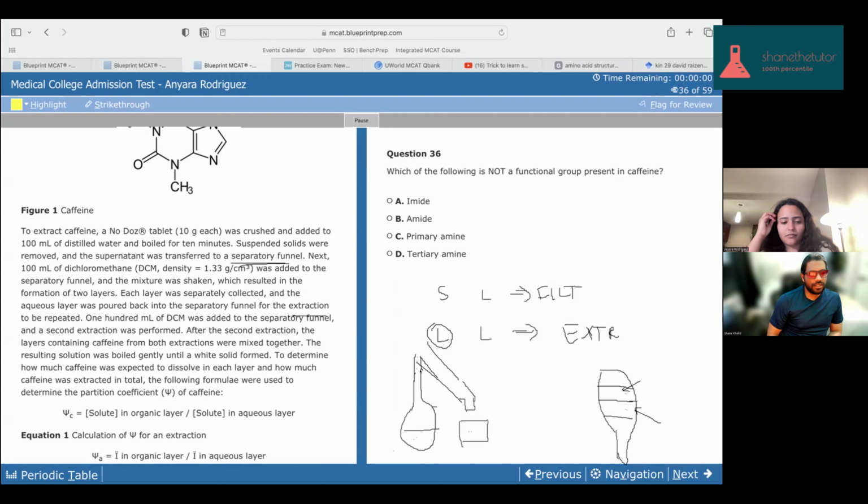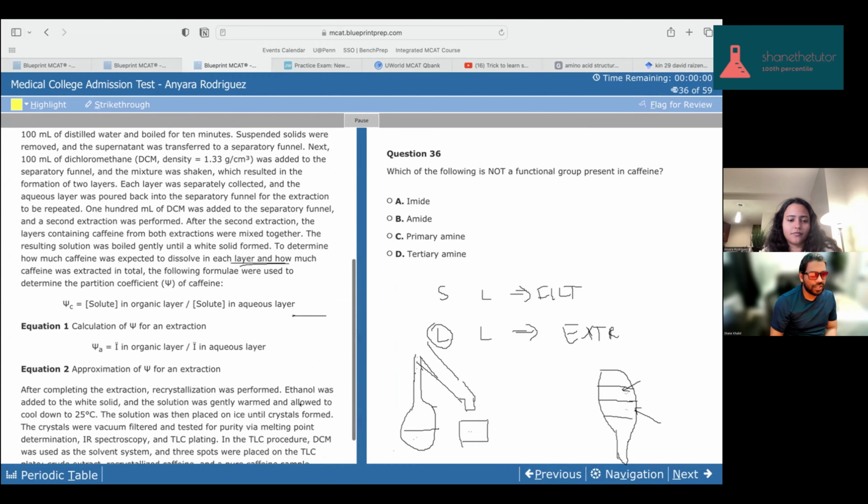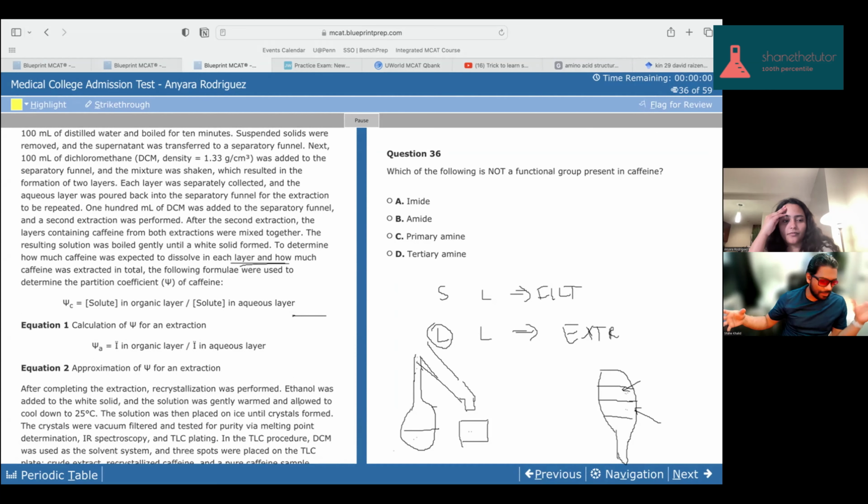To determine how much caffeine was expected to dissolve in each layer and how much caffeine was extracted in total, the following formulas were used to determine the partition coefficient of caffeine. So I'm imagining them doing this extraction, and they collected the organic layer in one beaker and the aqueous layer in another beaker, and then they put it back into the separatory funnel and did it again.